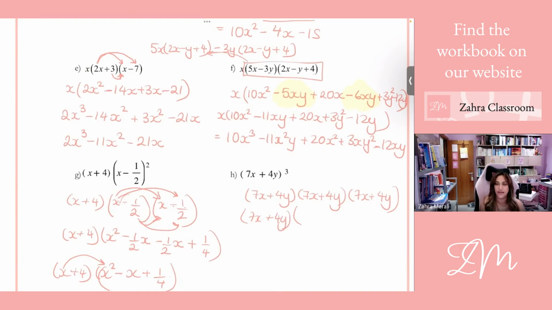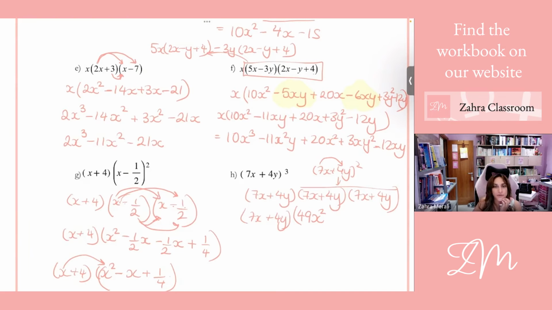I'm going to show you how I would open something which is squared, because essentially this bit here is 7x plus 4y squared. So the way I would do that is take the first one and square it. So 7x squared, I'd square the 7 to give me 49, and then you've got x squared. Then you're going to multiply the 2 numbers in the middle.